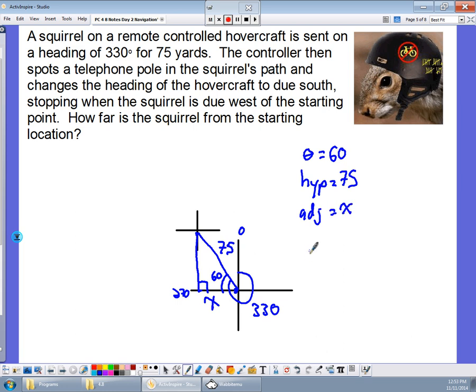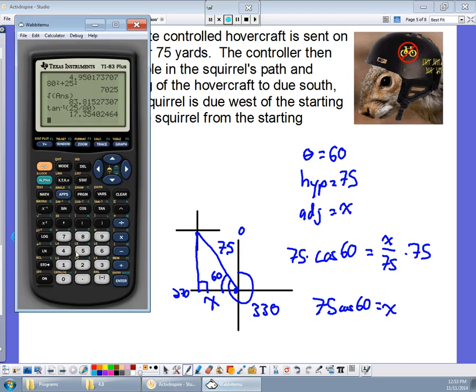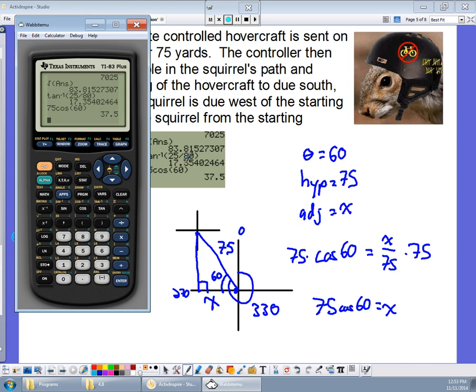So that's going to be the cosine function. So all I do here is cosine 60 equals adjacent over hypotenuse, multiply by 75 on both sides. So I get 75 cosine 60 equals x. 75 cosine 60, and I get 37.5.